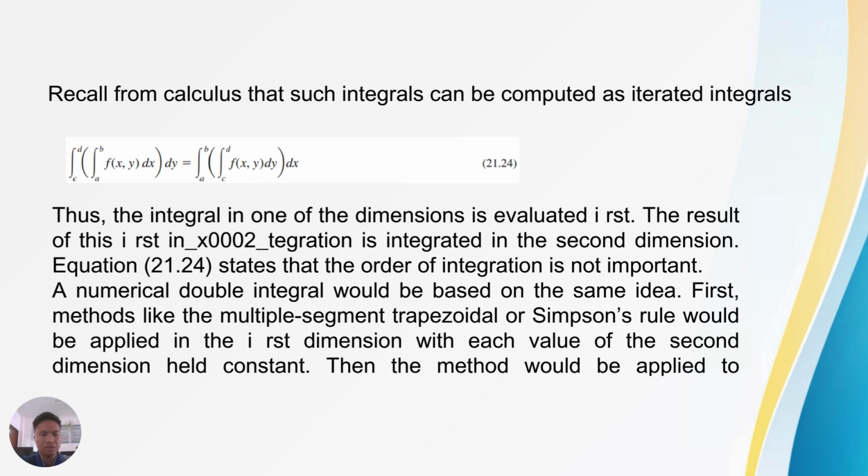We just interchange them, so in these two different manners, they are simply equal. It doesn't matter as long as the limits are right and the equation is written accurately.